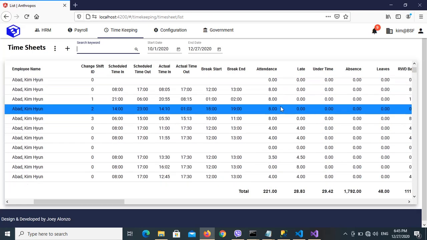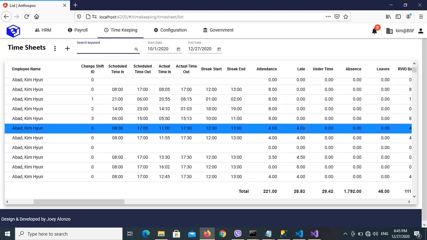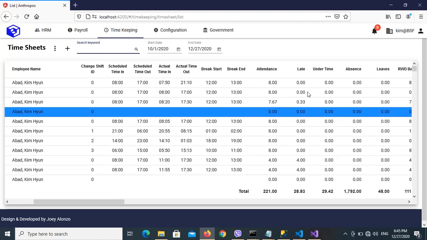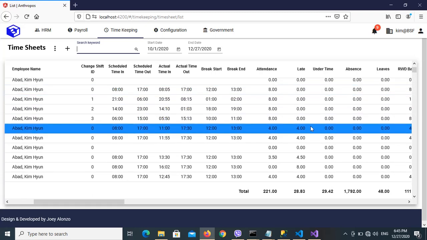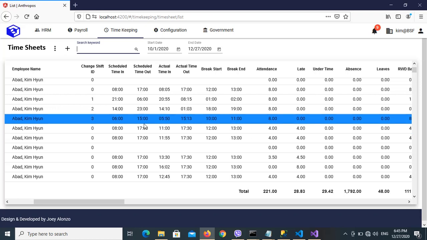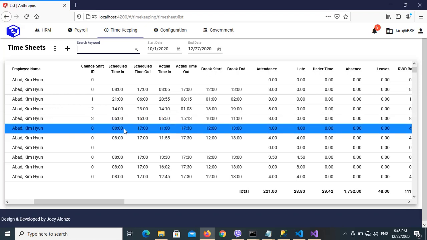And then there are some late that are 4 hours. By the way, I would like to mention that late is not in minutes. This late is actually in hours. So you can see here that there is a late of 4 hours. If you look at the schedule, it is 8 a.m. and the actual time in is 11 a.m. So this is actually 3 hours.